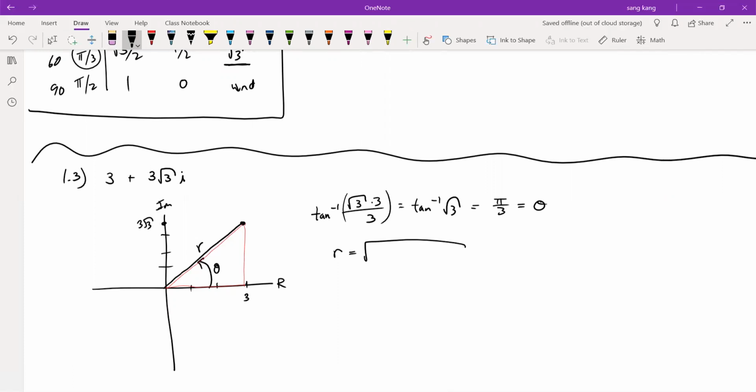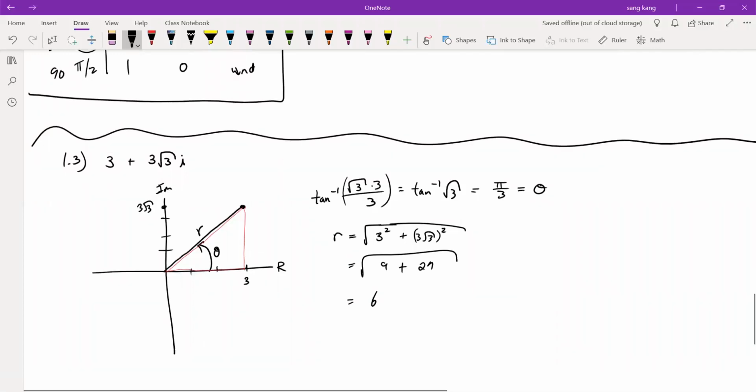So my r we can find by doing Pythagorean theorem. So this is 3 squared, not cubed. 3 squared plus 3 root 3 squared. So root 9 plus 27. So this is root 36, which equals 6. So my radius is 6.